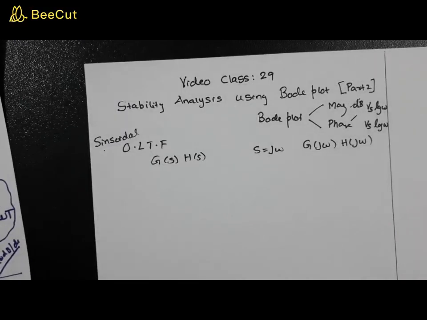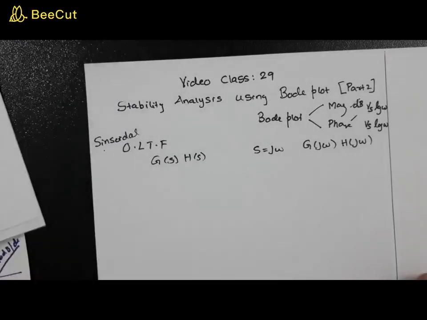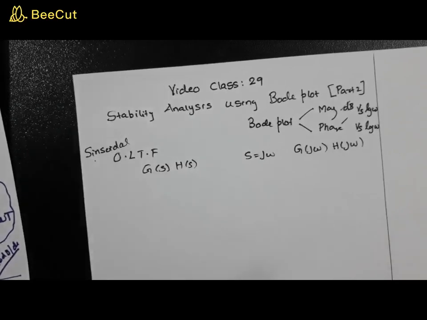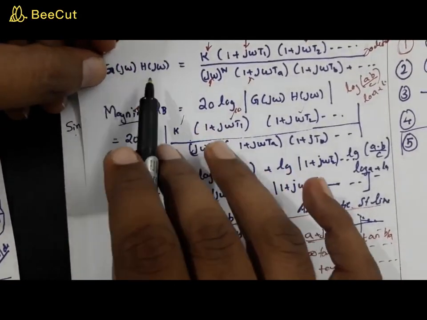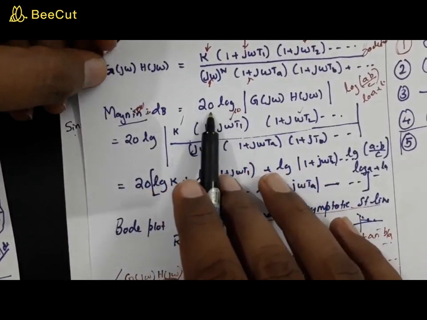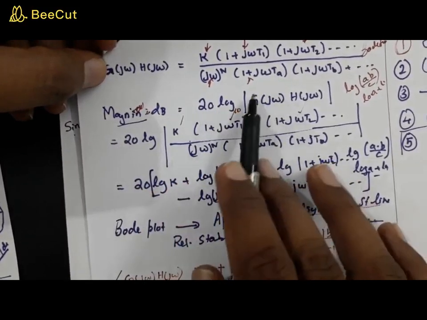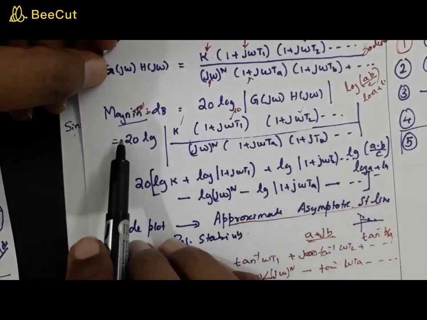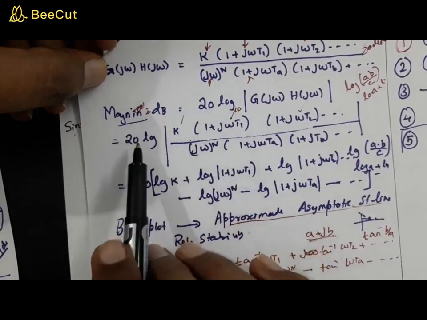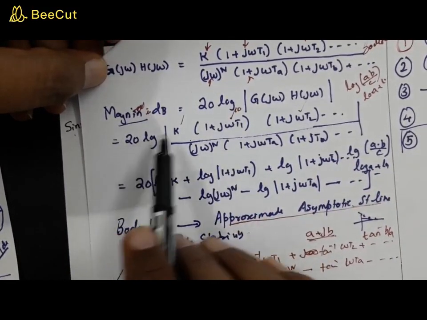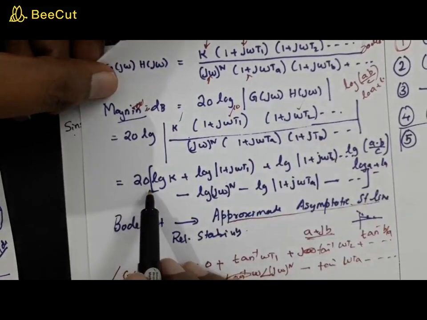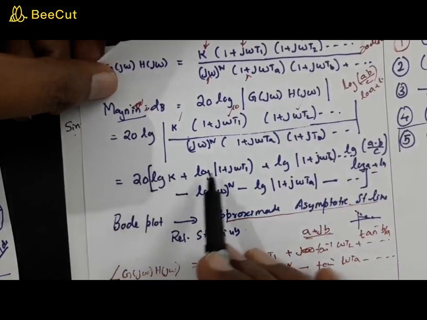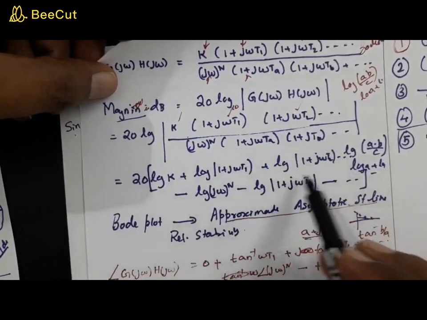Now this consists of the magnitude and phase plot. Coming back to this, we have expressed the magnitude in decibel as 20 logarithm of the magnitude of this. You can see that this can be expressed as the sum of the magnitudes of the individual terms.